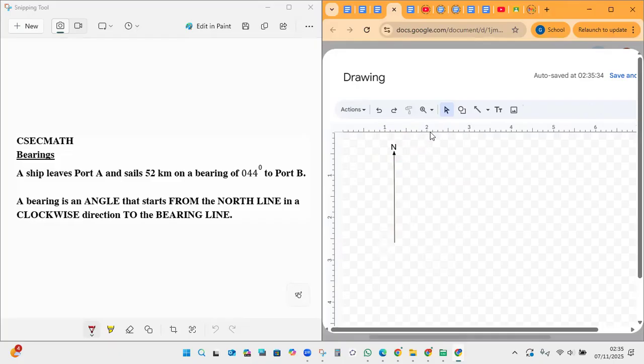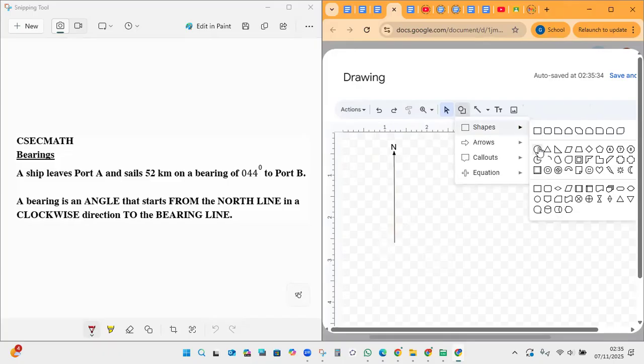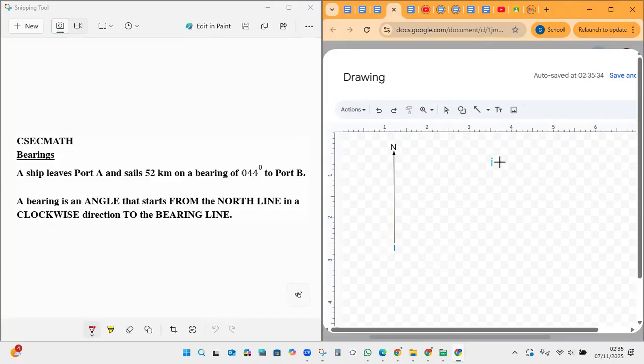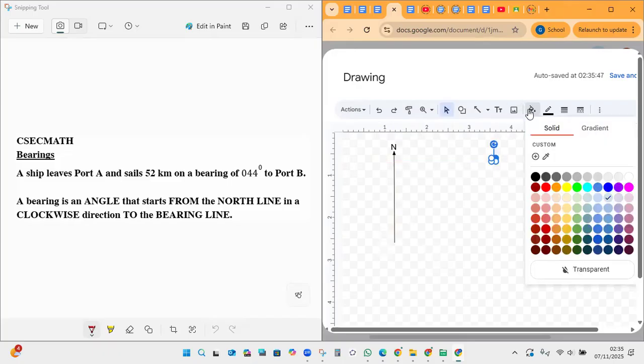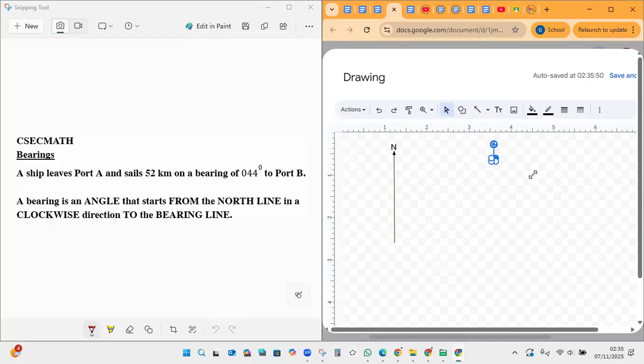Now we need a point to indicate from where the ship is leaving. From a point, it leaves A. So the from is the starting point.